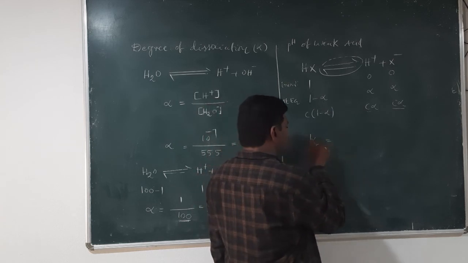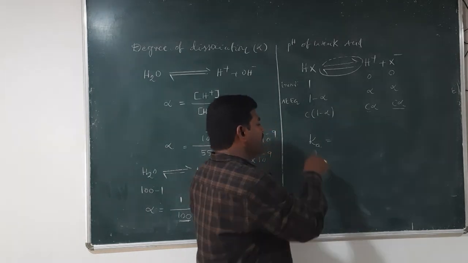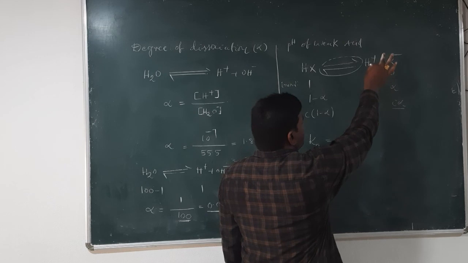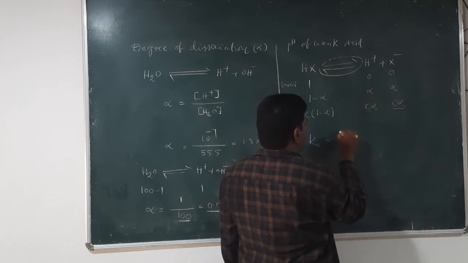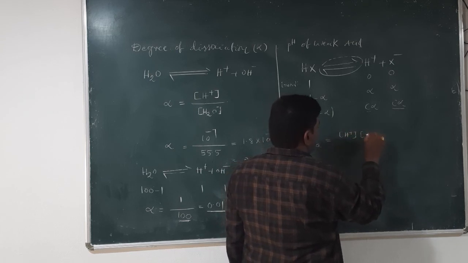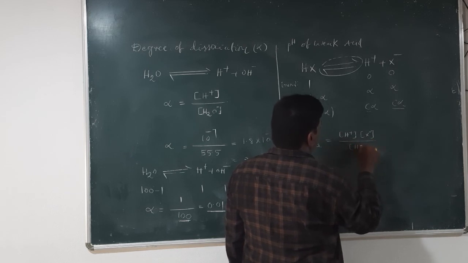We write it as the concentration of products, that is the concentration of H plus and X minus, divided by the concentration of reactants.